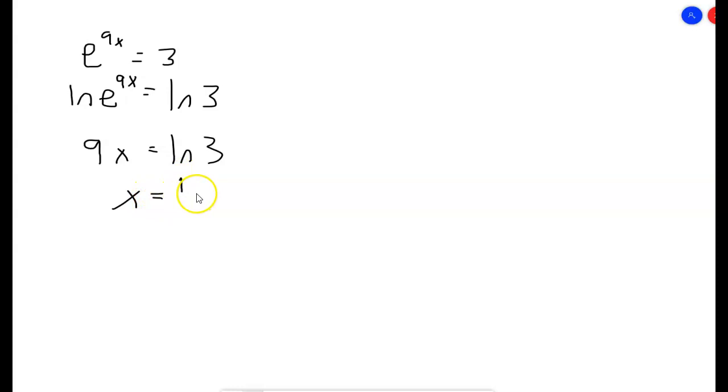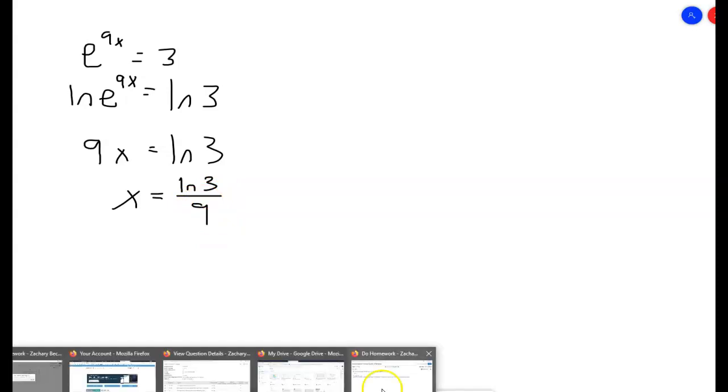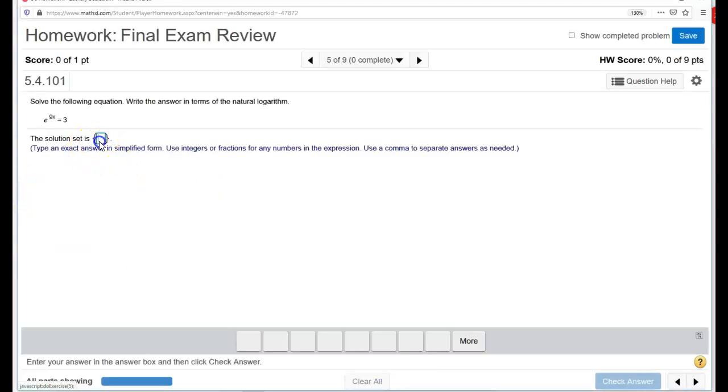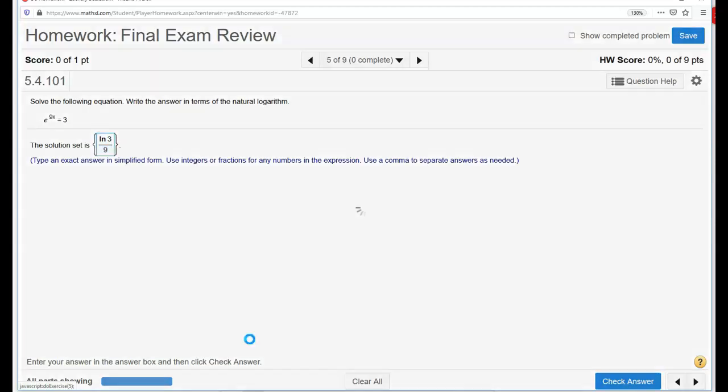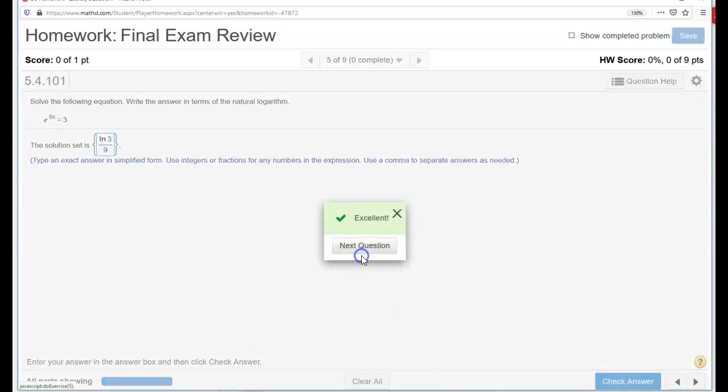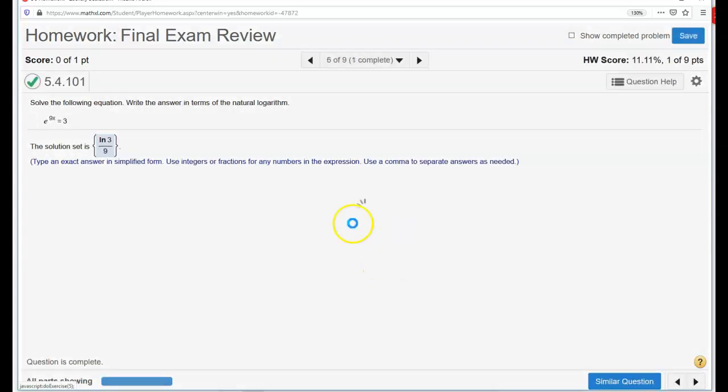So we get x is equal to the natural log of 3, all divided by 9. So that should be our answer. So going back up here, I have natural log of 3 divided by 9. Alright, so that was an easy question.